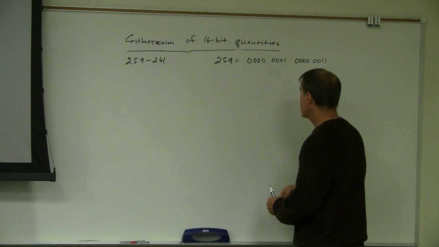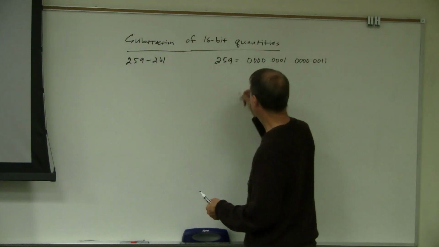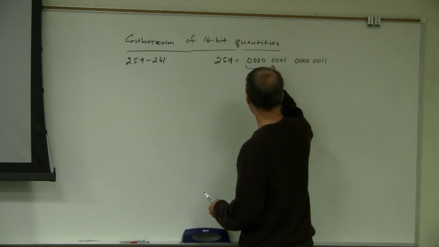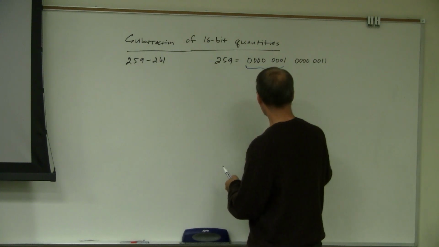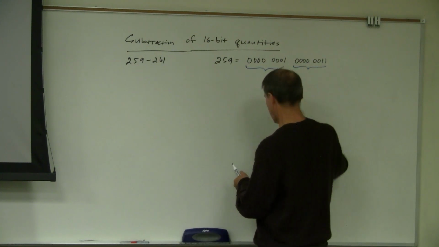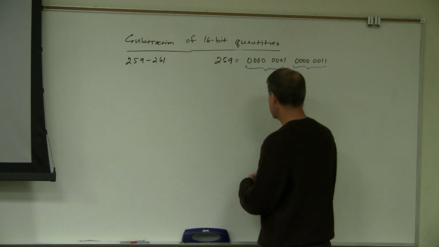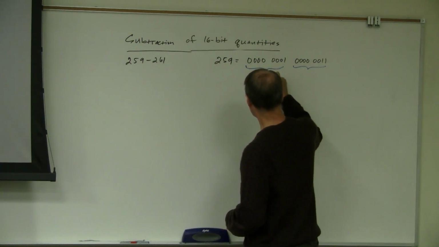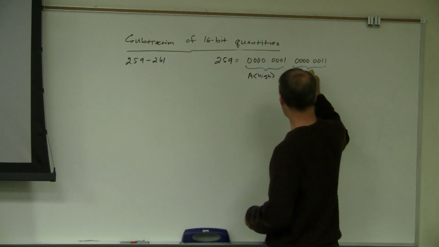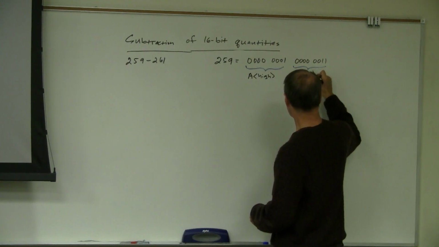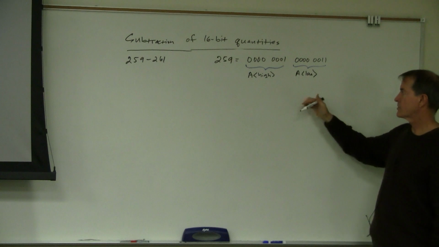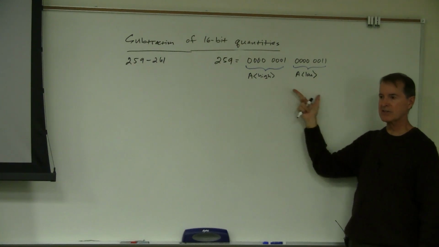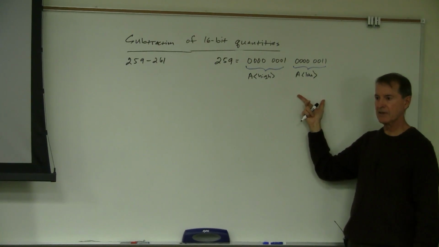So this part on the left, we're going to label A high, and this we're going to label A low. So this is the high order byte, and this is the low order byte. Are we good?